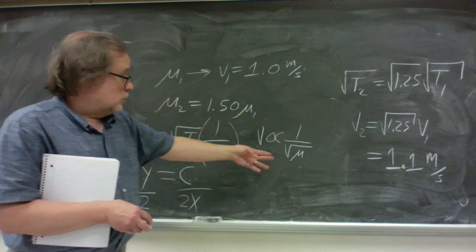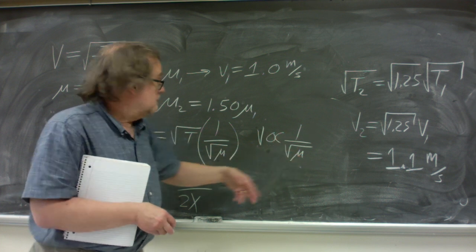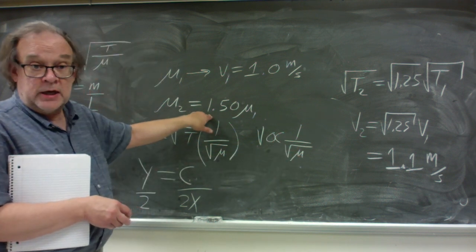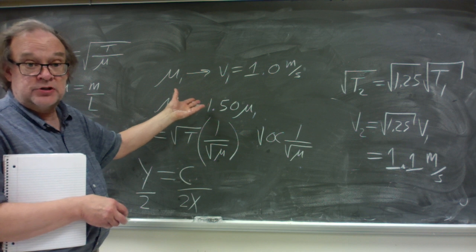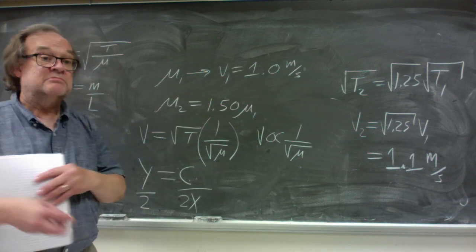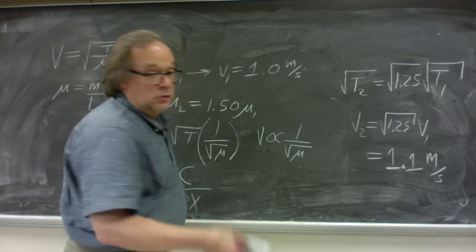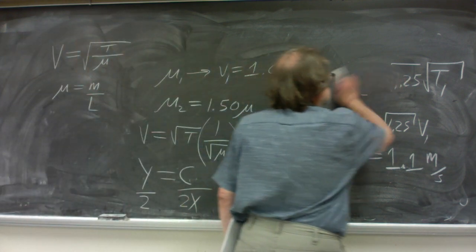So again, we want to see how square root of mu changes. And so we use this equation again, which tells us how mu itself changes, but just take the square root of the whole equation to find out how the square root changes. And it's going to look kind of like our previous example here.